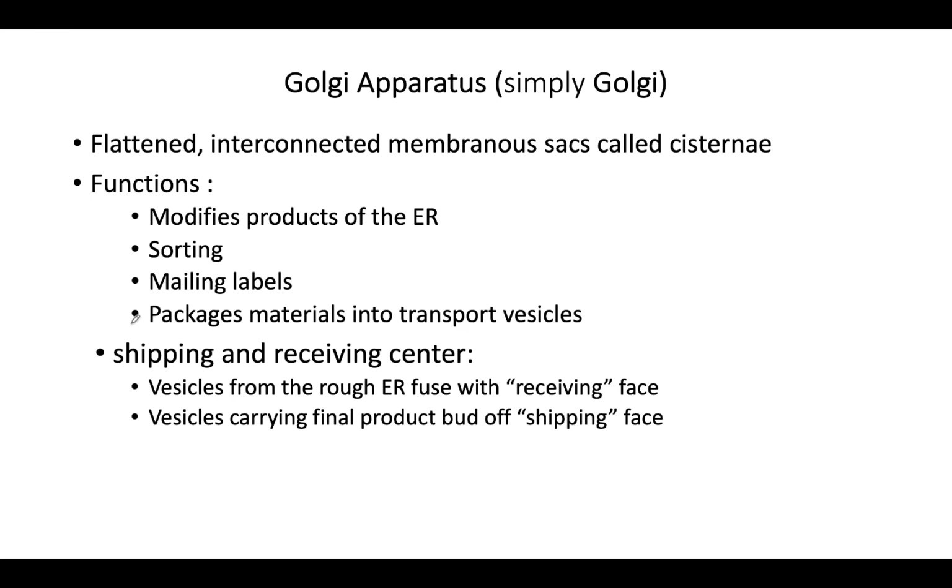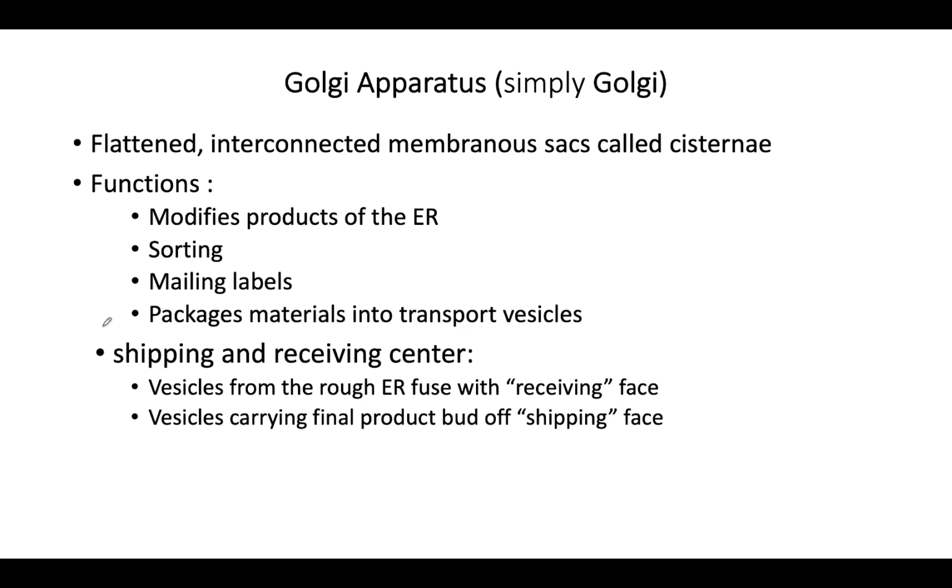Adjacent to endoplasmic reticulum is the Golgi apparatus. Simply we call it Golgi or Golgi body, flattened and connected membranous sacs called cisternae. It modifies products of the ER, sorting, putting on mailing labels, and packaging material into transport vesicles. So some protein manufactured in ER, especially rough ER, is transported to the Golgi apparatus.